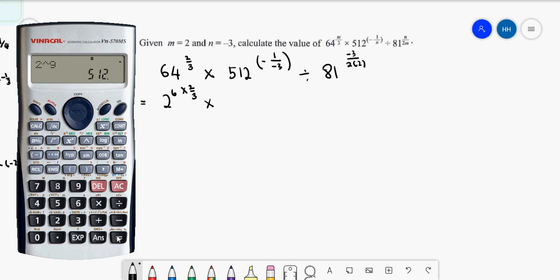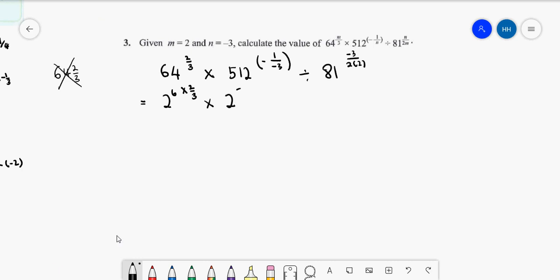So you write 2 to the power of 9, times, negative and negative here become positive, so 1 over 3. Divide with 81. So can 81 be written in base 2? Can or not?